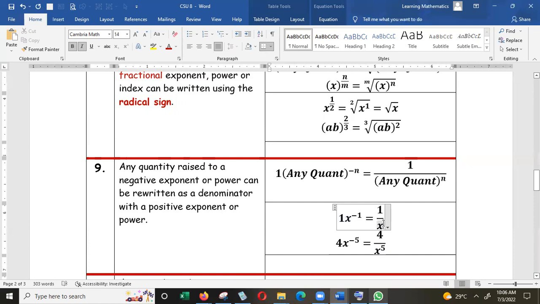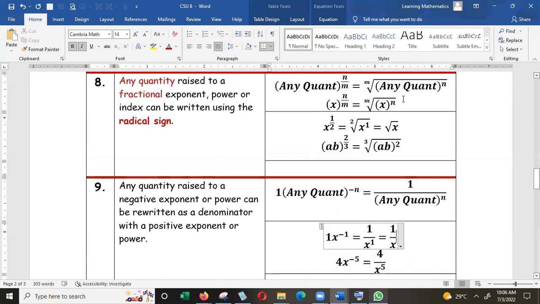And actually, that negative 1 would have become a positive 1, and that's why we just write it as 1 over x, because if you don't see a power, it is 1. If you have a power of 1, you don't have to write it. So please be practicing that. Fractional indices, fractional exponents, here they are, and negative exponents, here they are.